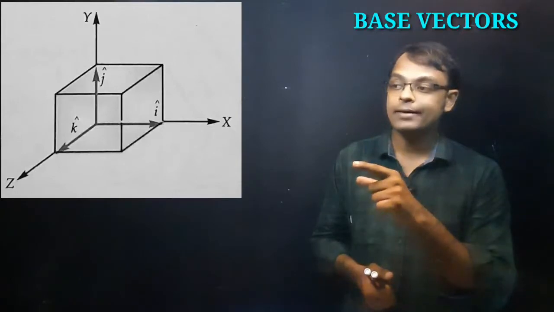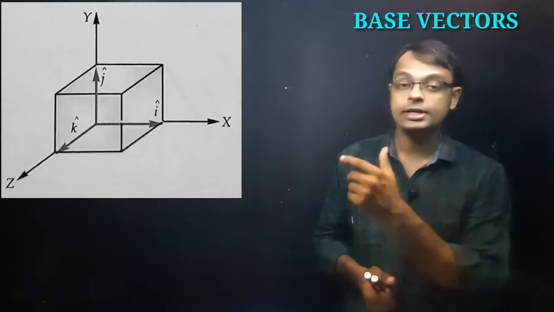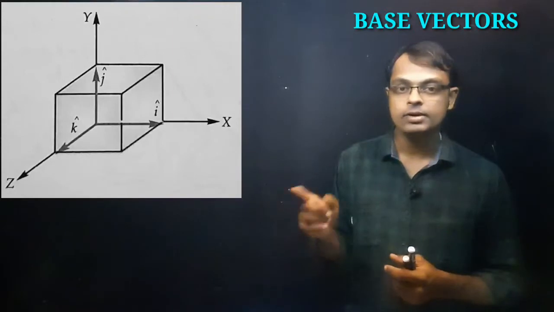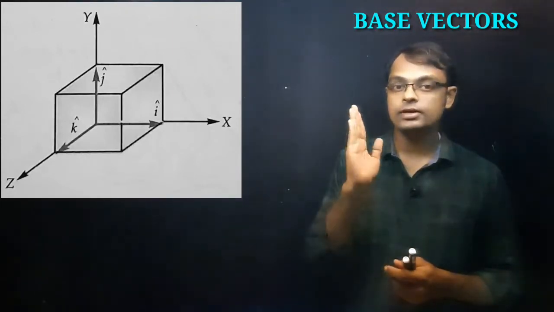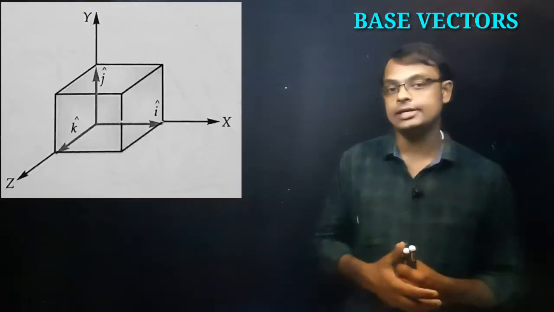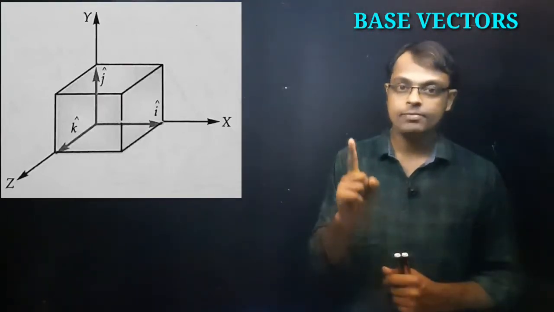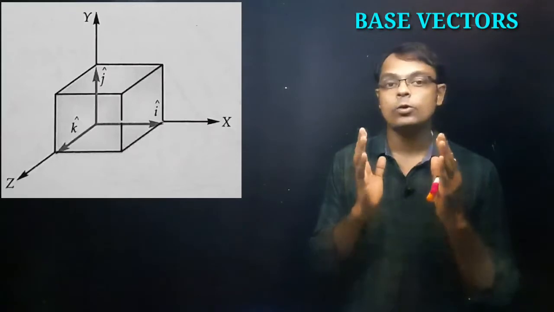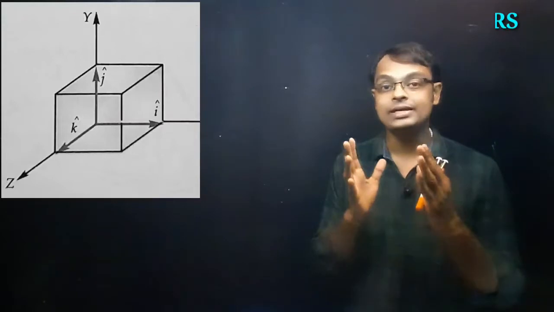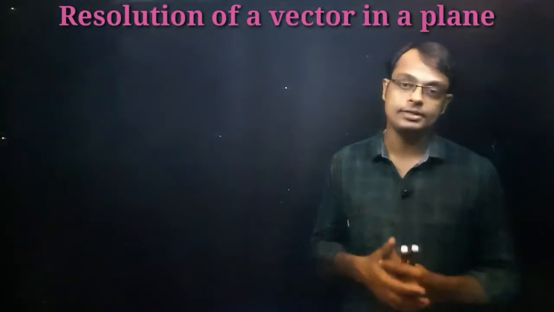In the same way, k cap represents the direction of the component of the given vector along the z-axis. So i cap, j cap, k cap represent the direction of the given vector along the x-axis, y-axis and z-axis. And these three unit vectors, i cap, j cap and k cap, are called orthogonal triads of unit vectors. It is also called what? Base vector.